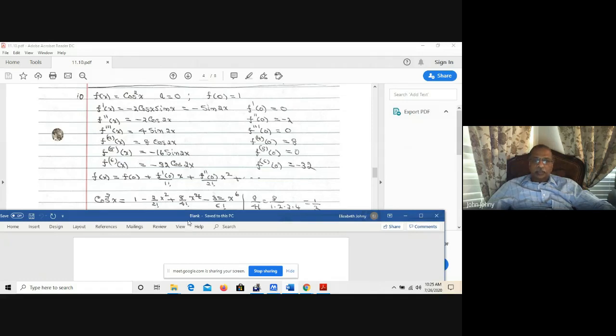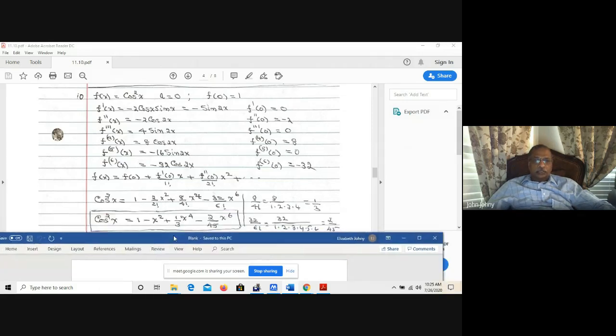4 non-zero terms. So cos squared x is equal to 1 plus f prime 0 over 1 factorial, which is 0, plus f double prime 0 over 2 factorial, that is negative 2 over 2 factorial times x squared, plus the next term is 0, then 8 over 4 factorial times x to the 4, minus the next term is 0, the next is negative 32 times x to the 6 over 6 factorial.